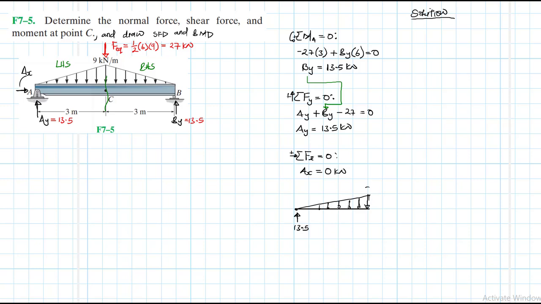Okay, and this maximum point is 9 kilonewtons per meter. This point is C, and this whole length is 3 meters. We have there a VC, we have a moment MC, and we have a normal force NC.